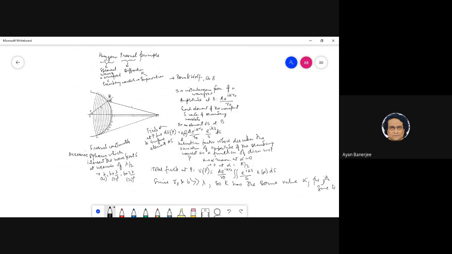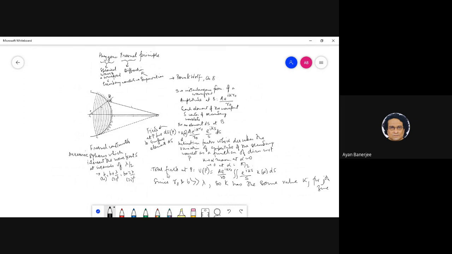The way Fresnel has done this is really very, very interesting. You just appreciate it. Okay, let us continue. I need to solve this integral, so we have to get it into some form which is doable.